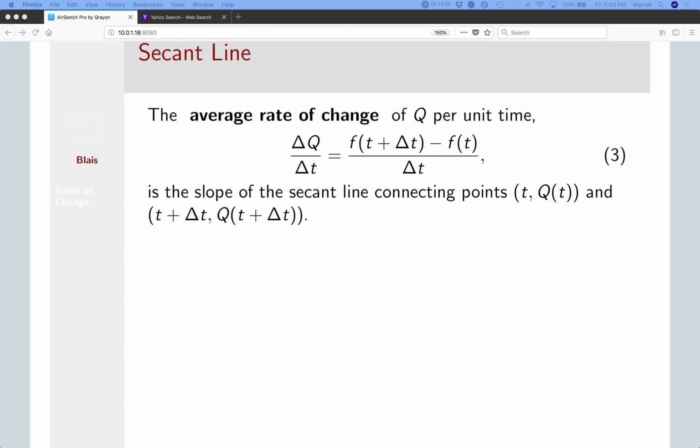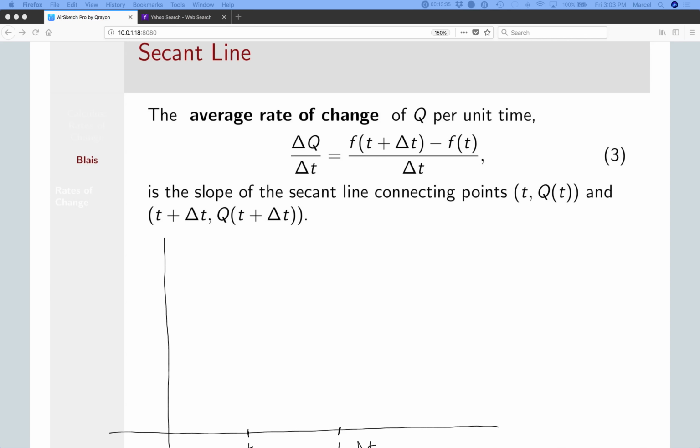Now we want to talk about the geometry first. And so let's think about secant lines. So that's going to be the first approach that we take here. And so imagine that we have a point, say, and this will be our t, and then here will be our t plus delta t.